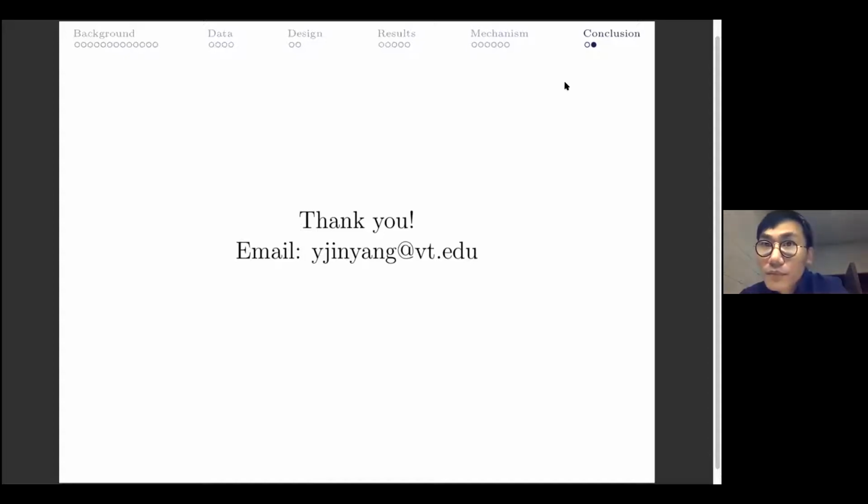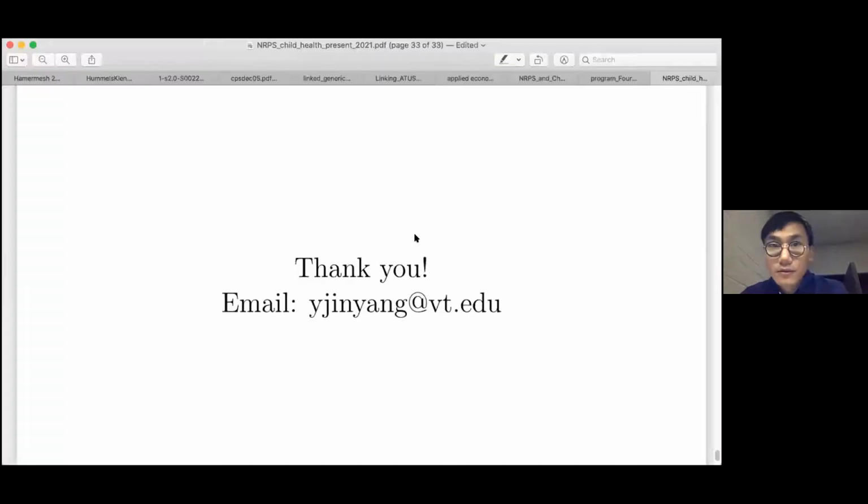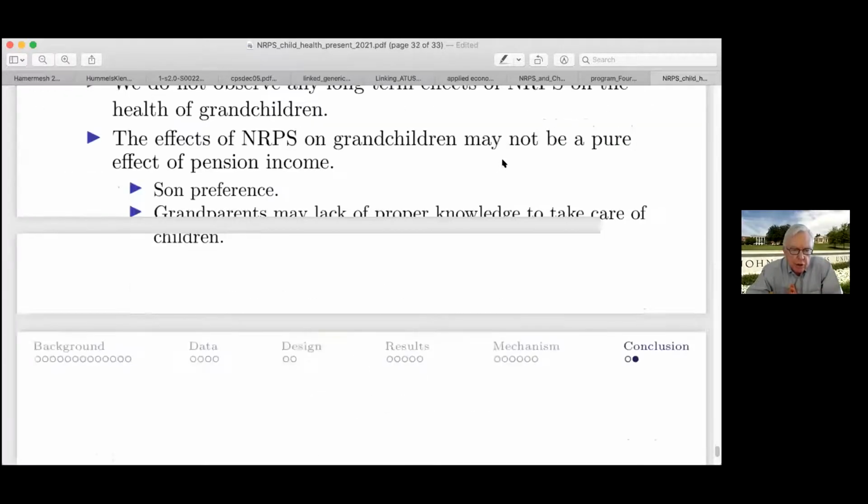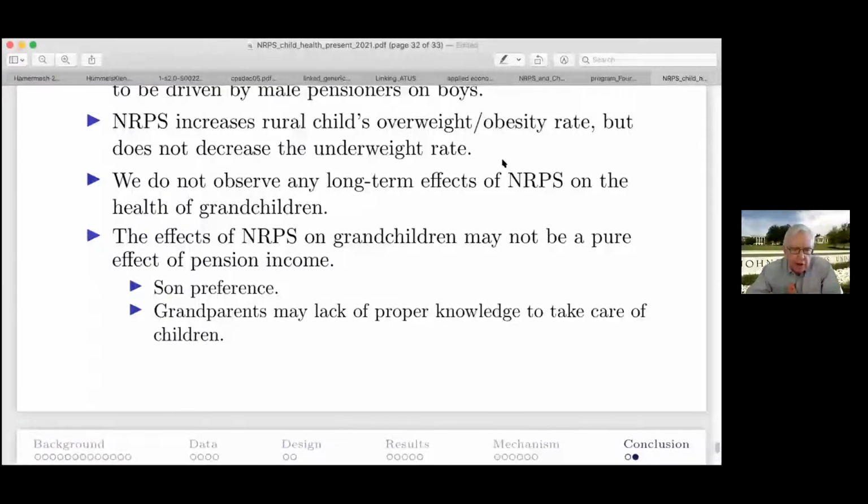I'd like to ask you a question. I found it interesting that the caregiver variable had no effect, right? So it's not that the grandparents are taking care of the children. It must be that it doesn't matter whether the mother or the grandparents are taking care.